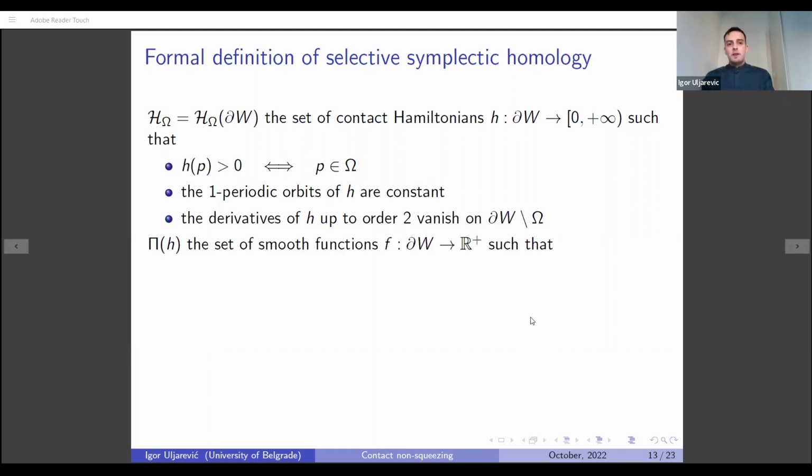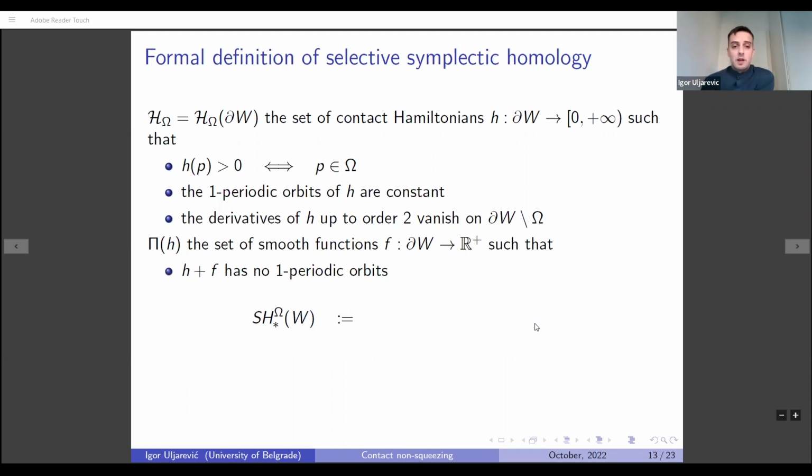Now, by pi of H, I denote the set of perturbations. That's just the set of smooth functions on the boundary that are positive everywhere, and such that H plus F has no one-periodic orbits. Note that H plus F cannot have constant one-periodic orbits, because F is positive and H is non-negative, so H plus F is strictly positive.